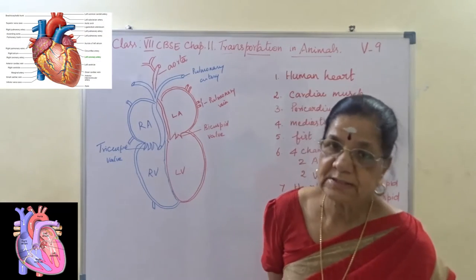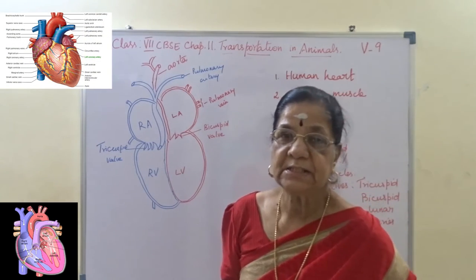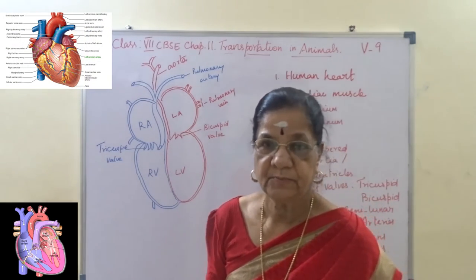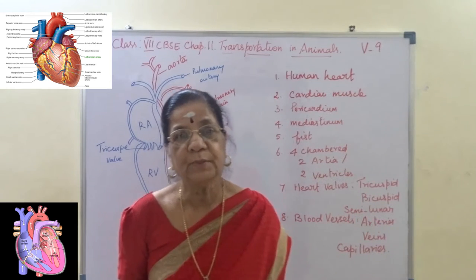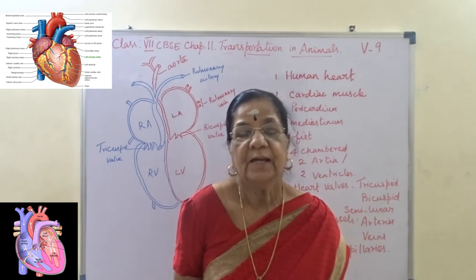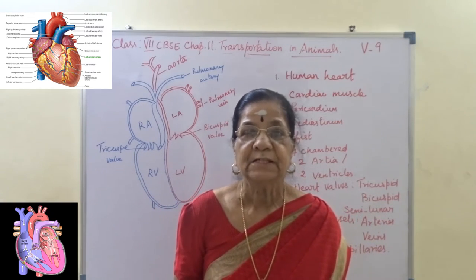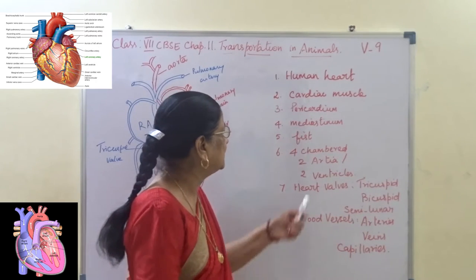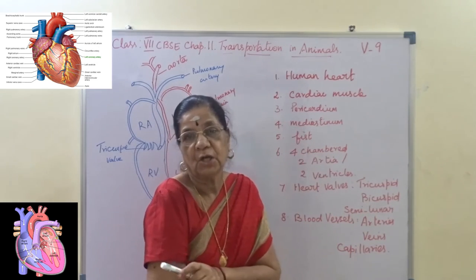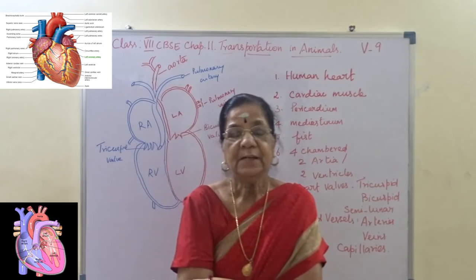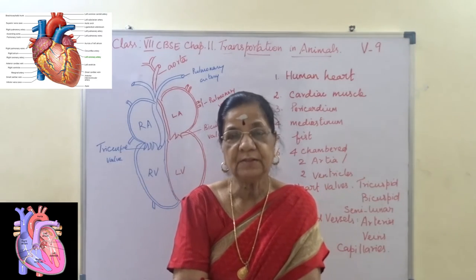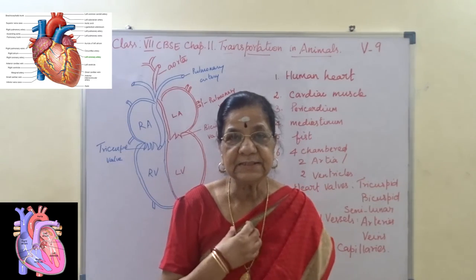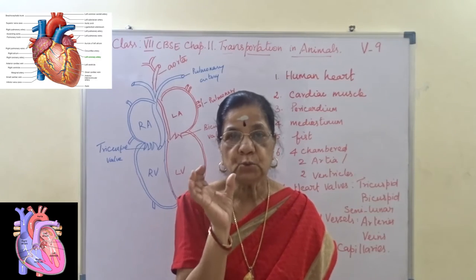So first we will look at the structure of the human heart. What do we know? Human heart we know we have, is it not? Where is it present? The heart is present in the mediastinum portion, in between the two lungs.